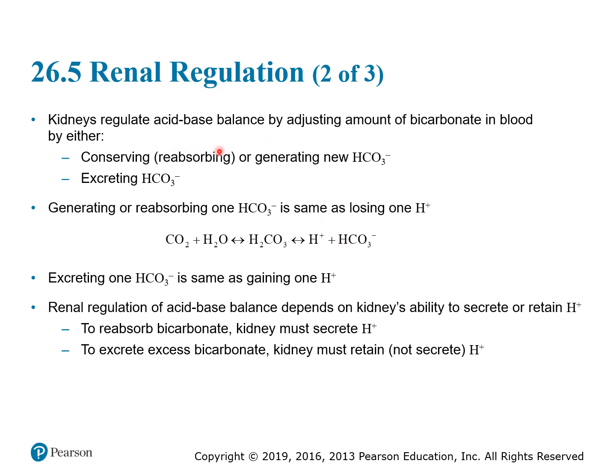So they either conserve or generate new bicarbonate, and they can also excrete bicarbonate. So by conserving or reabsorbing or generating new bicarbonate, they increase the bicarbonate, and when they excrete the bicarbonate, they're decreasing the bicarbonate.